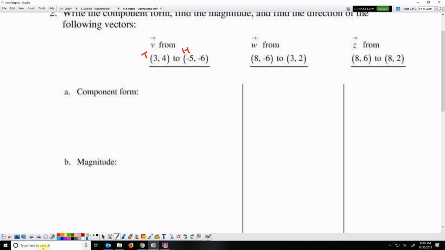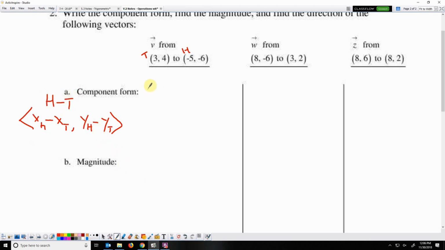So in component form, we have to subtract the x components and the y components, and it has to be head minus tail. So it's going to be the x component from the head minus the x component from the tail, and then the y component from the head minus the y component from the tail. So we always have to do this in the order of head minus tail.